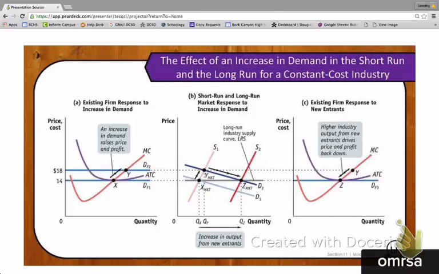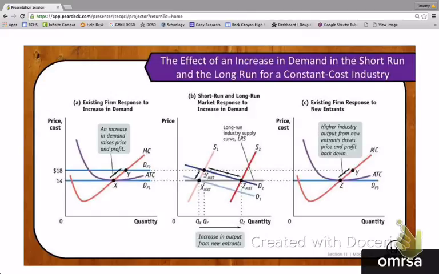So in panel B, the supply curve shifts from S1 to S2, so the quantity in the market increases from QY to QZ. But notice for the individual firm, the price falls back to $14 and it goes from point Y to point Z, and so it drives the price and profit back down to a normal profit.